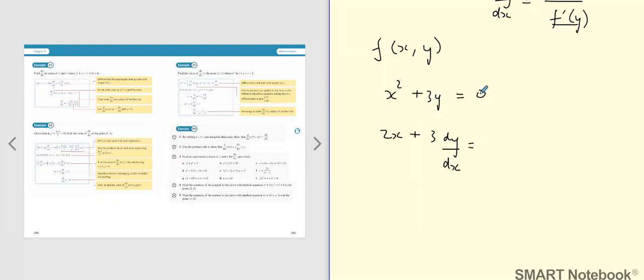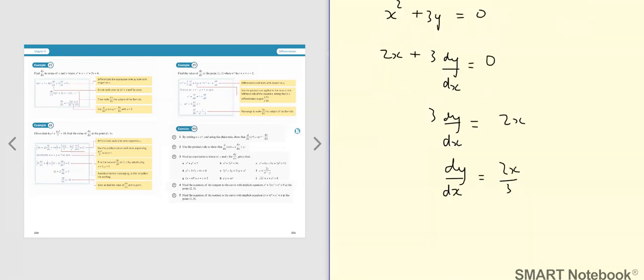And when we differentiate 0, we get 0. So then we get 3 dy by dx equals minus 2x, and dy by dx is going to equal minus 2x over 3. And that's now we've made dy by dx the subject here.